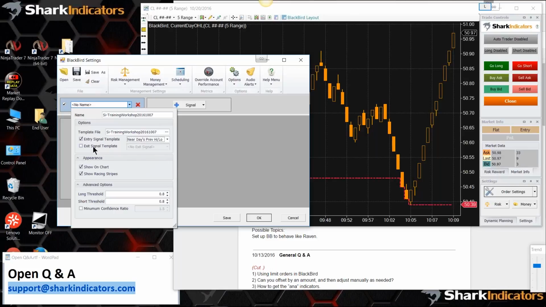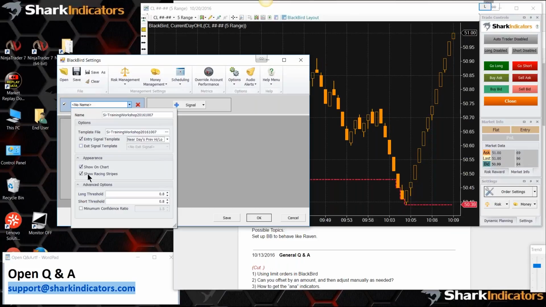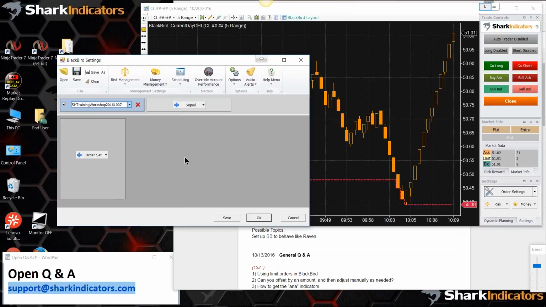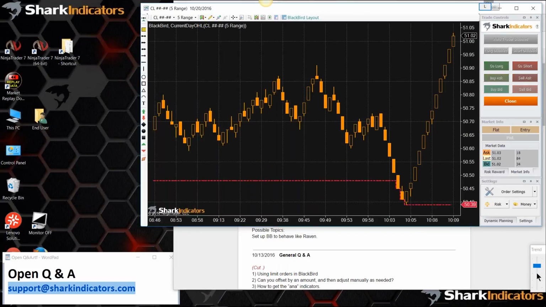Now there's no exit signal with this, and we're going to leave the appearance as is, so that we can see the bloodhound signals on the chart, and we'll show the racing stripes as well. Before we get going too far, I'm going to slow that trend down a little bit. Price is really starting to take off there.